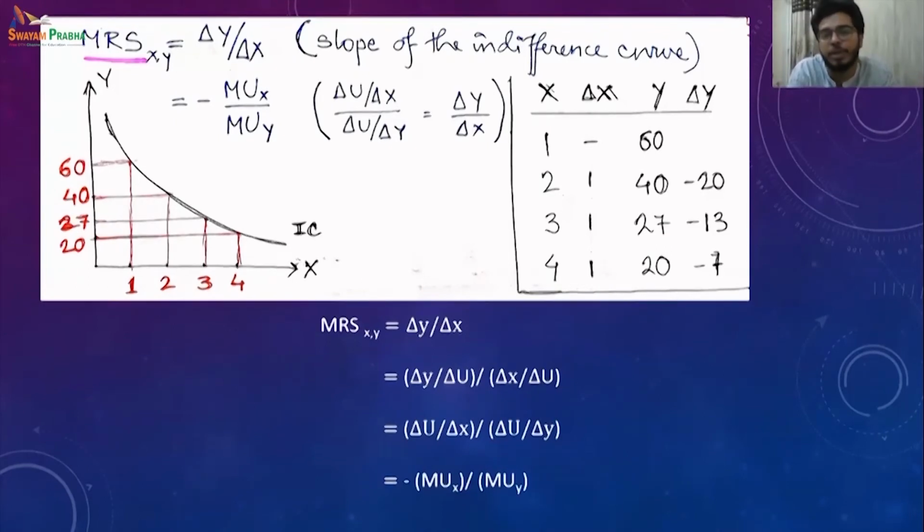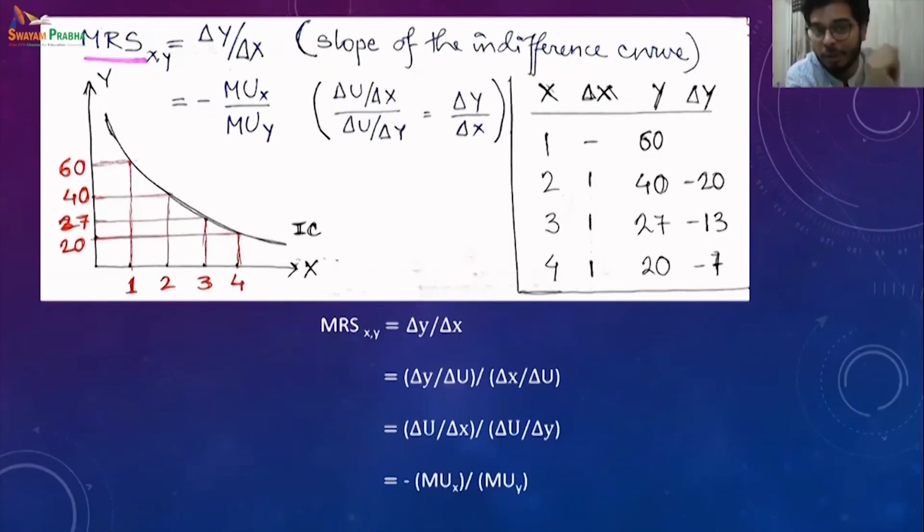Delta y by delta x: when you are increasing 1 unit of x, how many units of y are you sacrificing, giving up? So for 1 unit of x extra, how many y are you sacrificing, right?